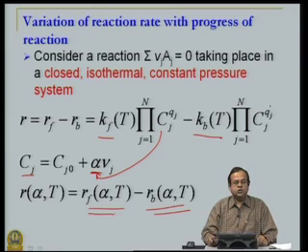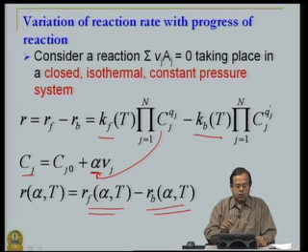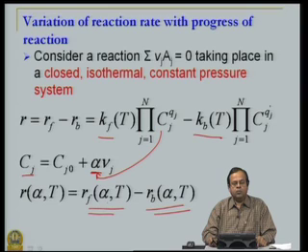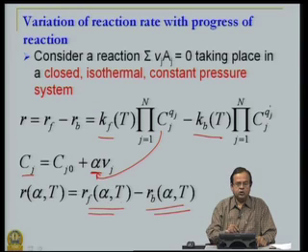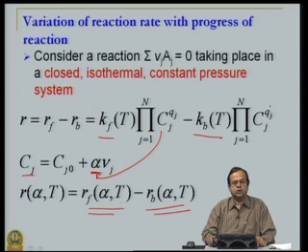Now, what happens when the reaction takes place in a closed system? We have alpha, which is 0 at the start of the reaction, and it progressively increases. For an isothermal system, temperature is constant, but for a non-isothermal system, temperature also can change.